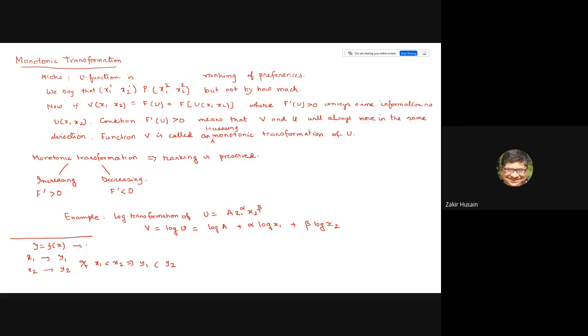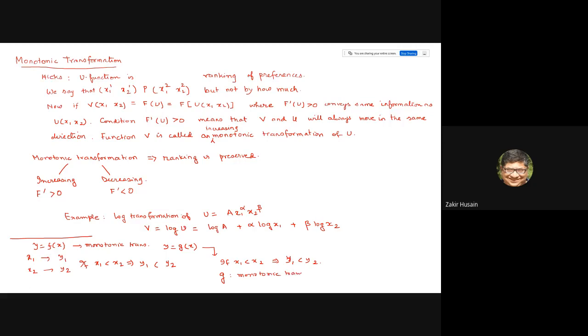Now this is based on a functional relation, y as a function of x. So suppose we take a monotonic transformation. That means we still have y as a function of x, but the functional form is different now. Okay? g(x) is a new type of function. Now under g(x), if you still have this property, then we say that g is a monotonic transformation.